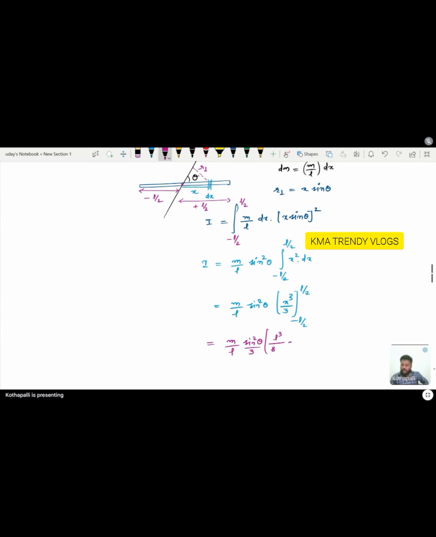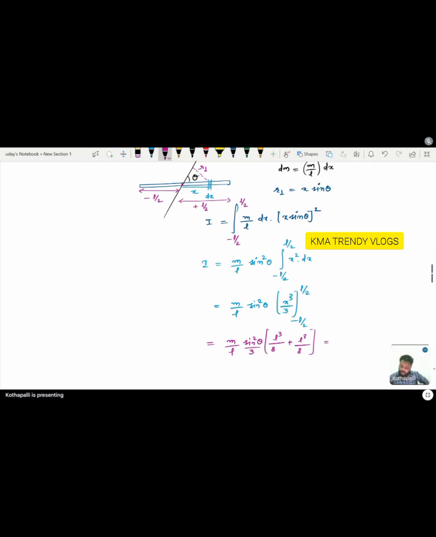Minus, one more L cube is there which has a minus sign, since power 3 is an odd number, so it will definitely be a minus value, again L cube by 8. One more minus is there, as I told you: upper limit minus lower limit. So minus of minus becomes plus.